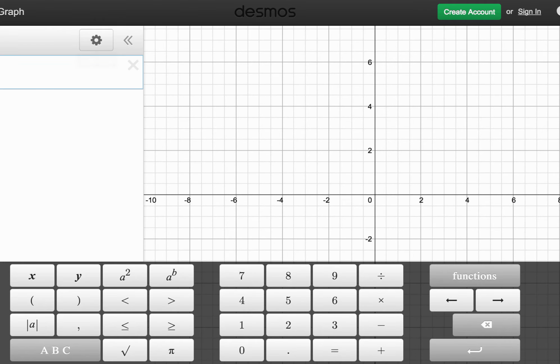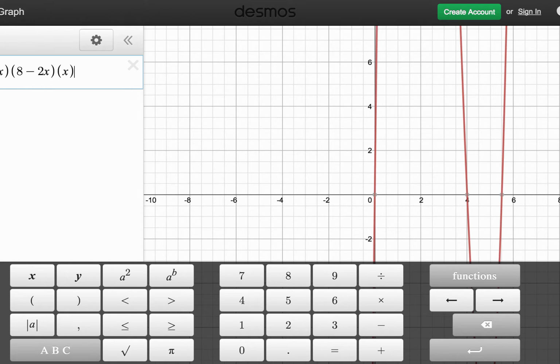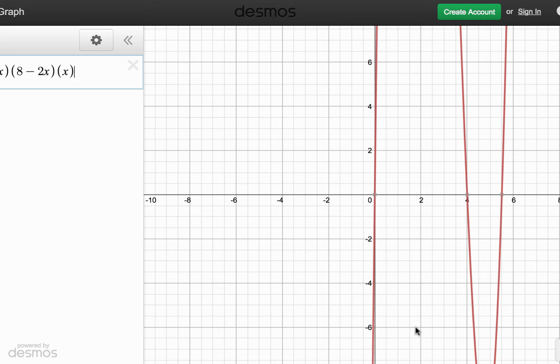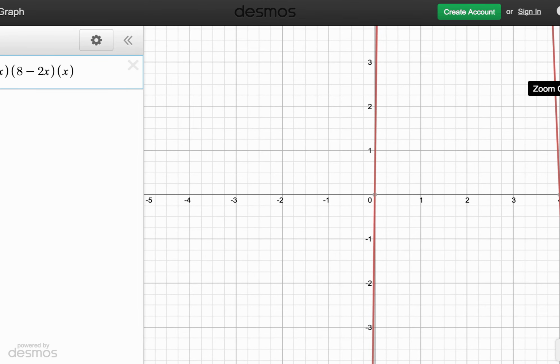I'm going to come here to Desmos, and I'm going to type that picture in. 11 minus 2x, 8 minus 2x, and x. Wow, I can kind of see the cubic shape here, but I'm actually going to zoom out.